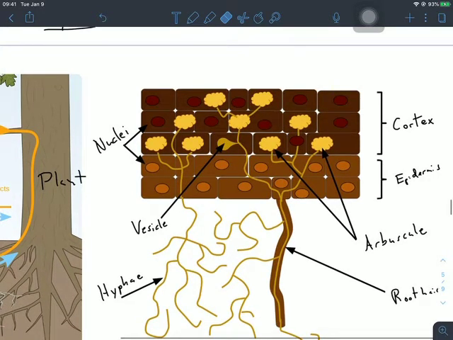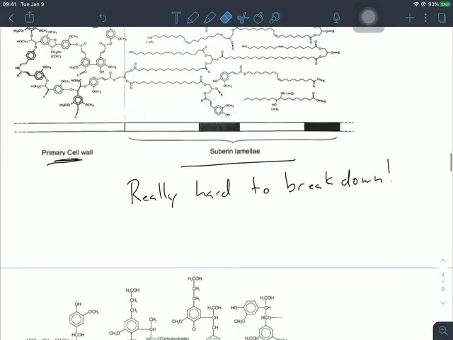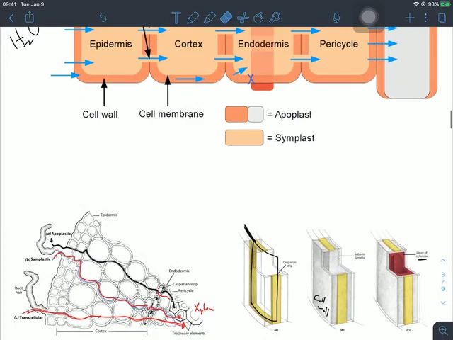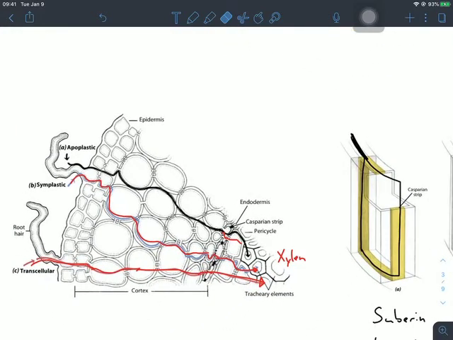Now, it's important that these arbuscules are formed inside of the cortex, because looking back at our model of water movement, the plant ultimately wants to decide what minerals and nutrients and water get into the xylem or the stele.